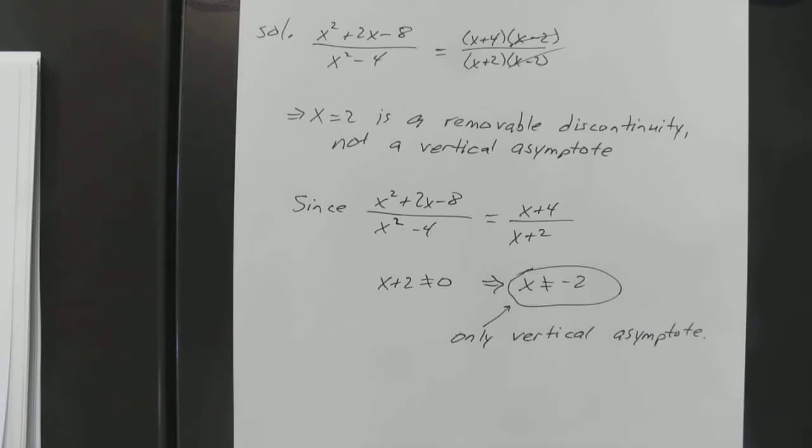Oh yeah, if you can manipulate the expression and remove one of the discontinuities. Normally, if you just factored x squared minus 4, you get x plus 2 times x minus 2. Either one of those would be the vertical asymptote. But in this case, if one can cancel out, then it automatically goes from being a vertical asymptote to just a removable discontinuity. Okay.